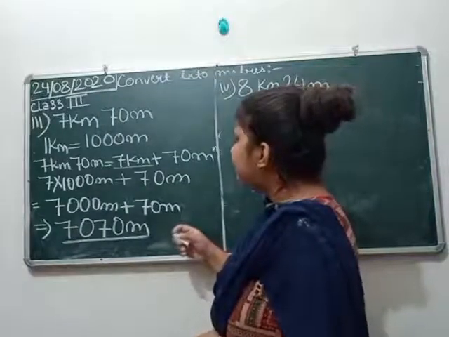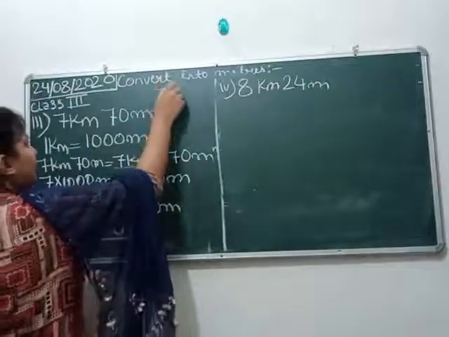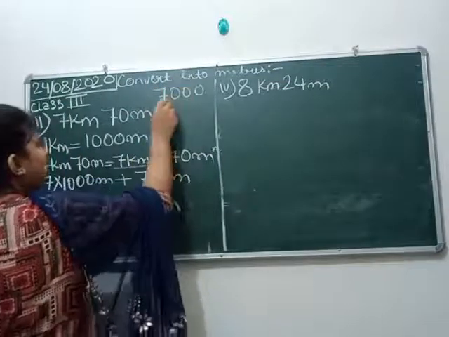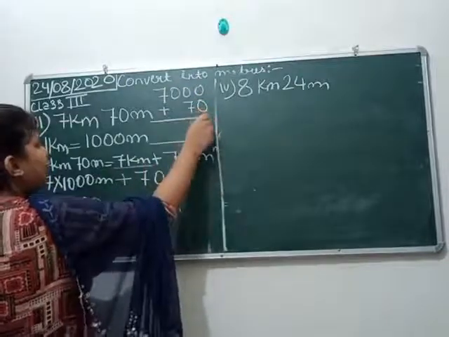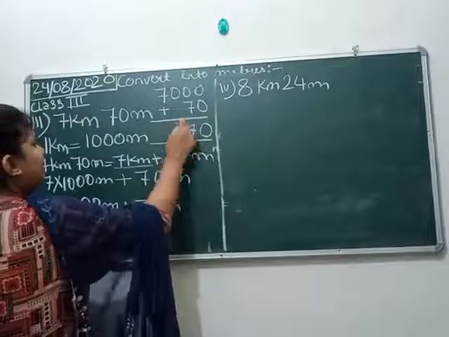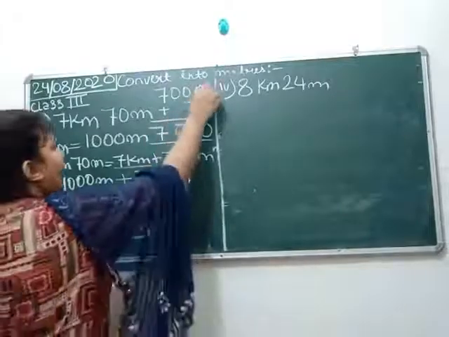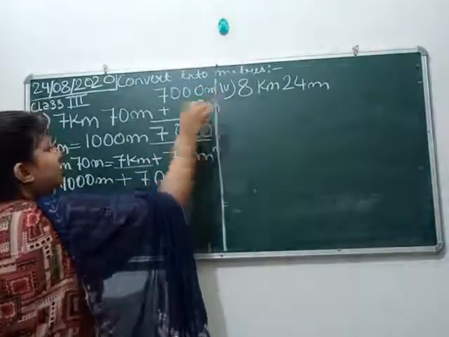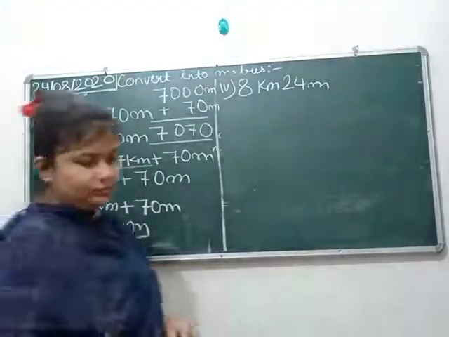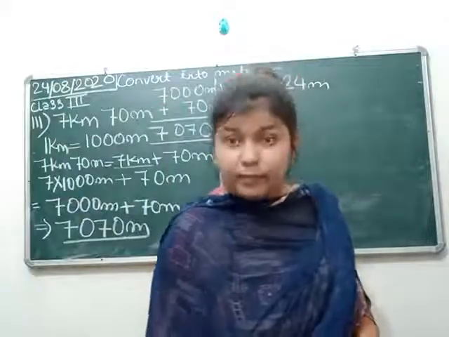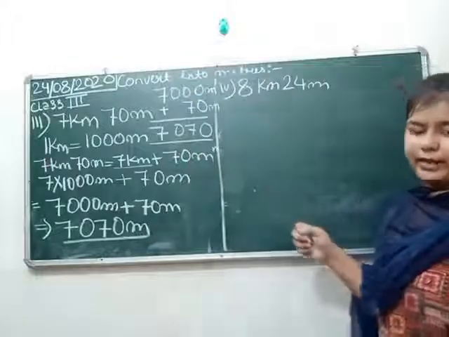See, 7000 plus 70 equals 7070. This is how we will add 7000 meter and 70 meter, and so we have got our answer. Okay, cool. Moving ahead. Let us do this question also. First you guys try this question.